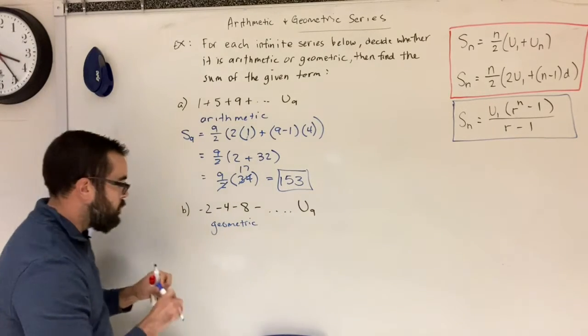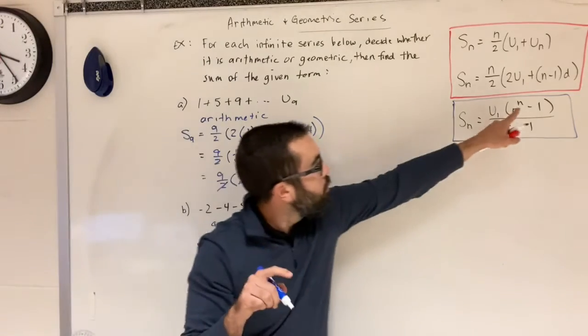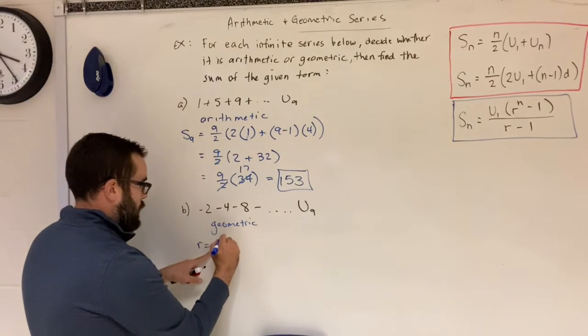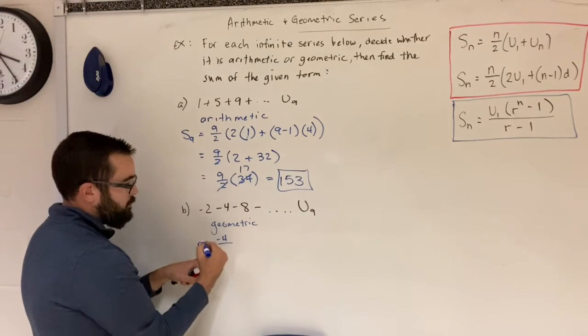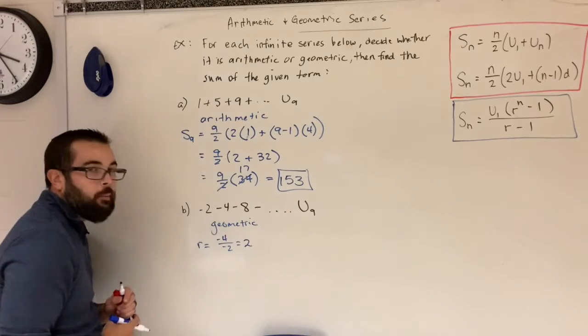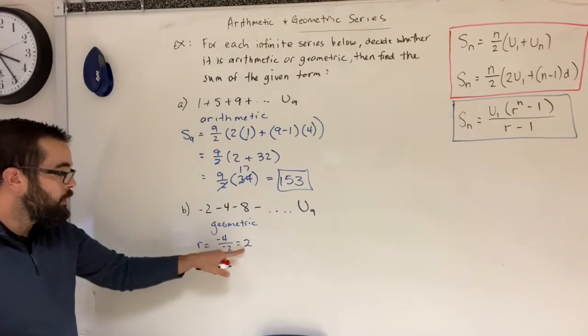So we have to find the common ratio because it's used in this formula. So take a term, divide it by its previous, and we get positive 2. So actually positive 2 is the common ratio here.